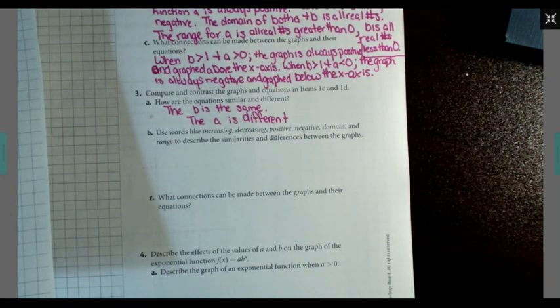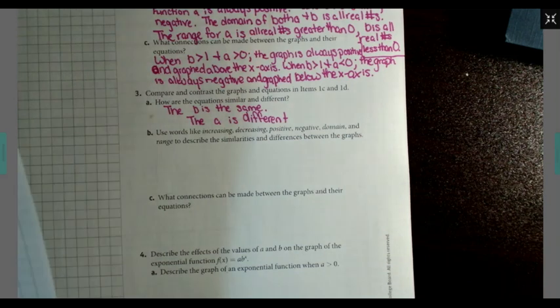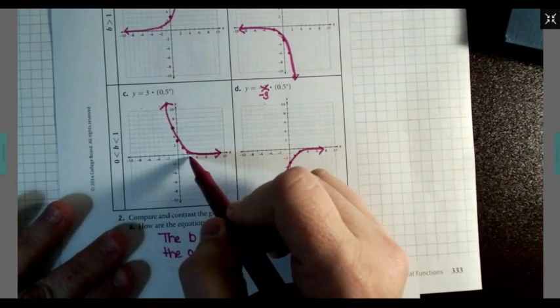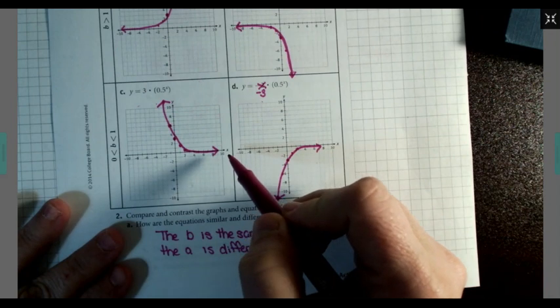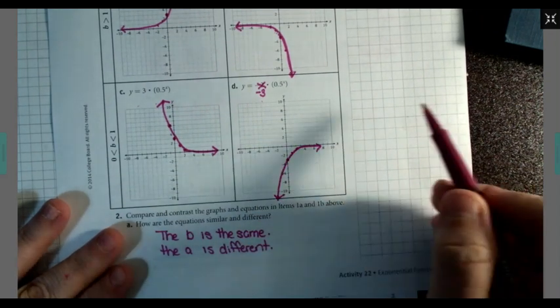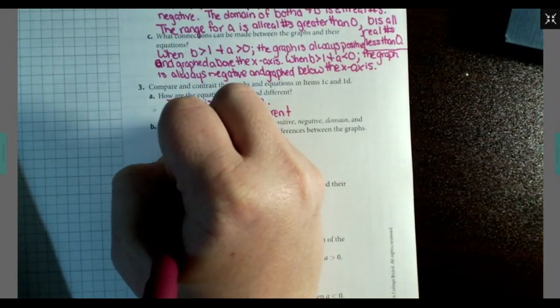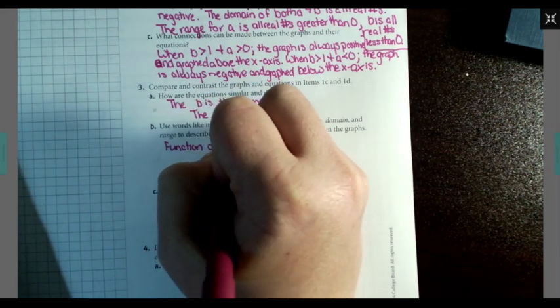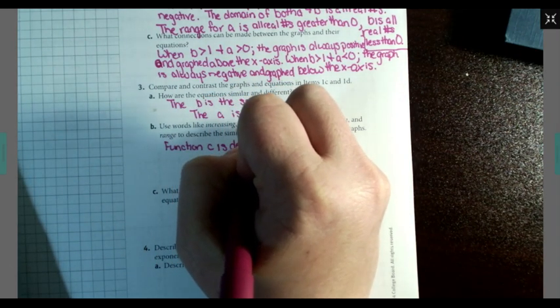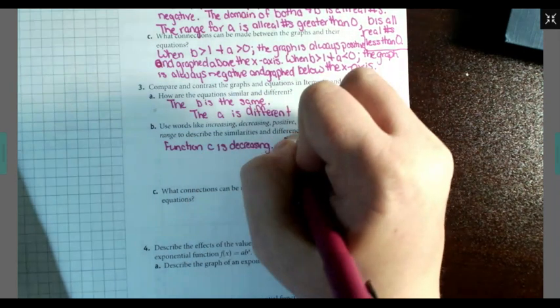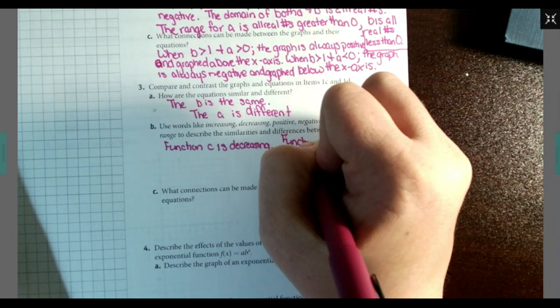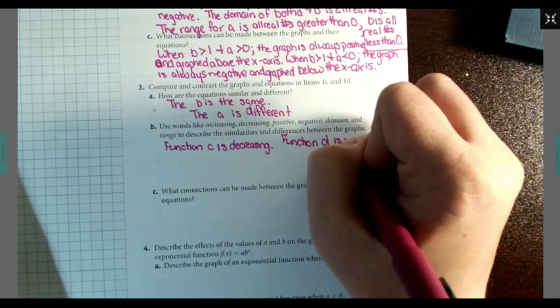Use words like increasing, decreasing, positive, negative, domain, and range to describe similarities and differences between the graphs. Function C is decreasing because it's going down, while function D is increasing.